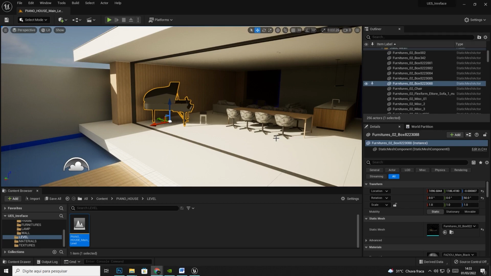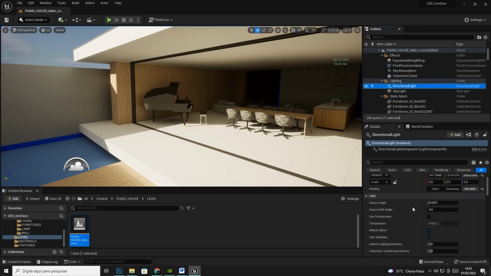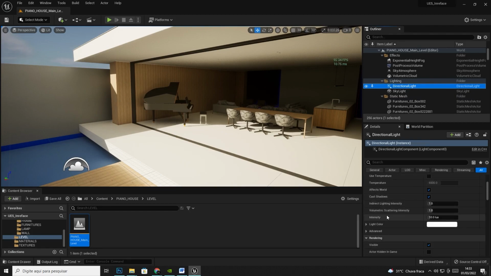Okay? Talking specifically about Lumen, we can increase or decrease the bounces, okay, from the light in the directional light and in the skylight. To do that in the directional light, we're gonna go here, directional light, close to intensity.